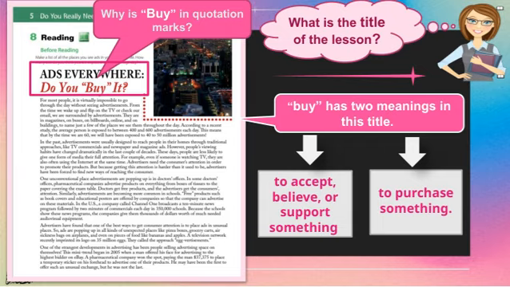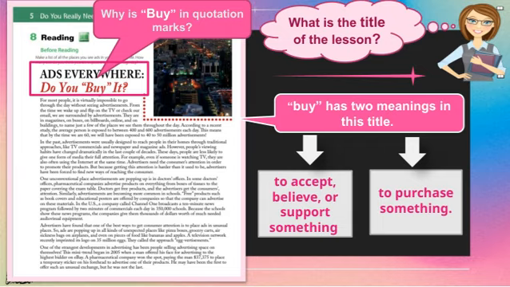When we say buy in the context of purchasing, it's quite straightforward, like buying a shirt or a book. But in a different context, to buy into something means to accept or support an idea or belief. So in this lesson, we're exploring both meanings. How buy can mean literally purchasing something, and also how it can mean accepting or believing in an idea.